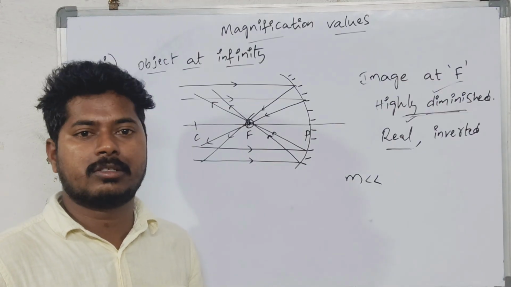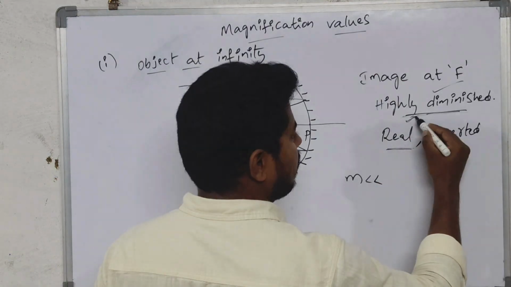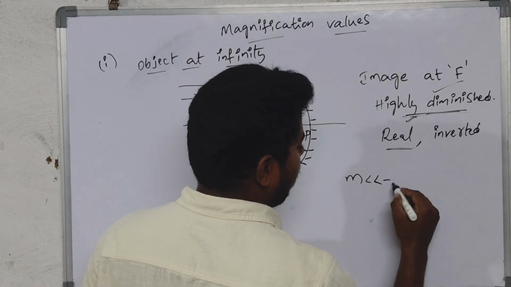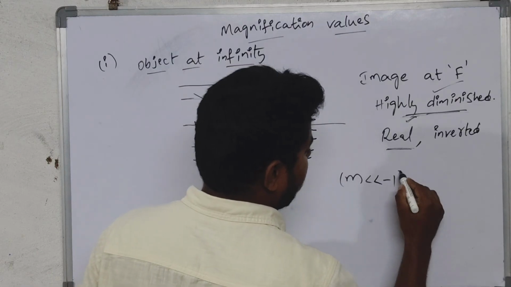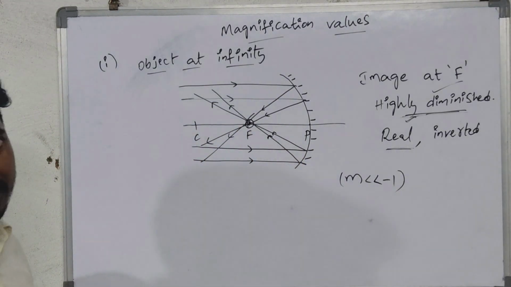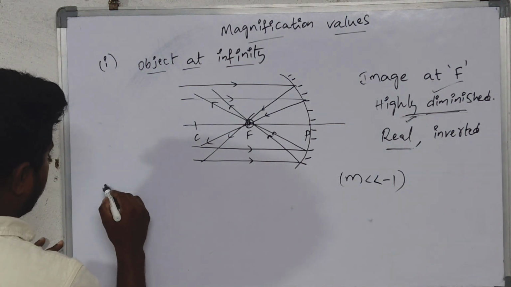For virtual images, magnification is positive. So since it is a real image, we consider negative, and less than 1. This is the magnification value for this case. Clear?